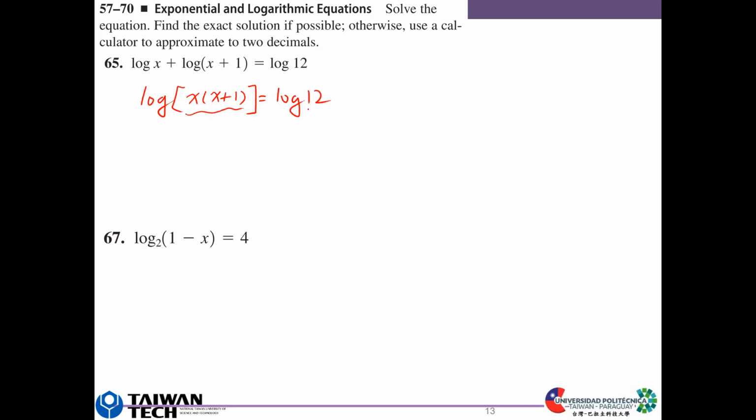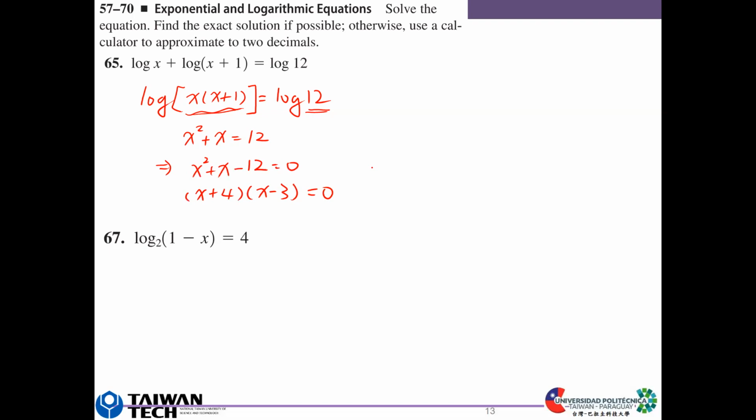And so we have what's inside the log function should be equal. So we have x squared plus x equals 12, which is x squared plus x minus 12 equals 0. So we have x plus 4 times x minus 3 equals 0, and x equals 3 or x equals minus 4.